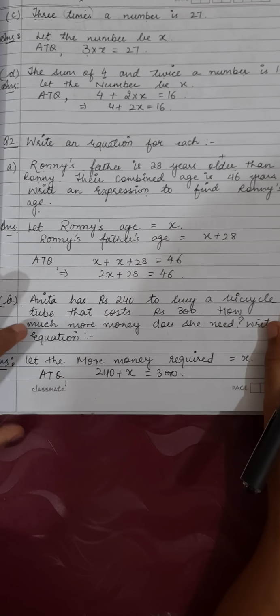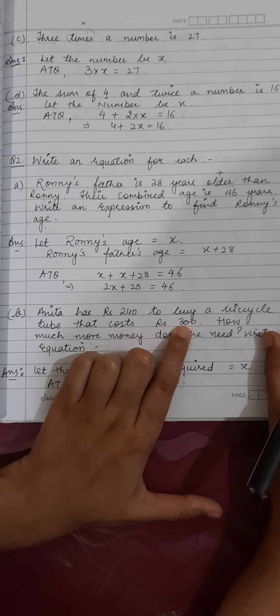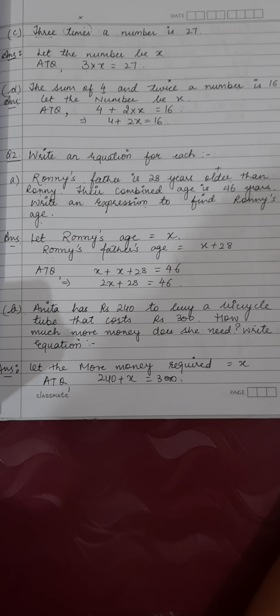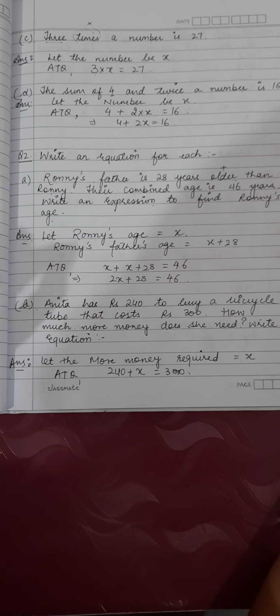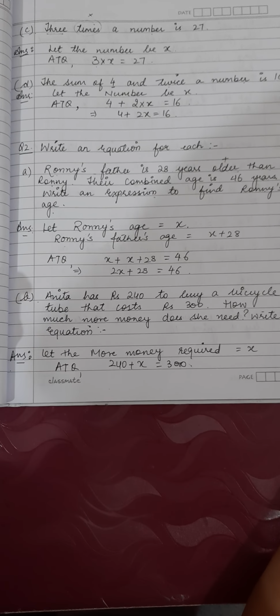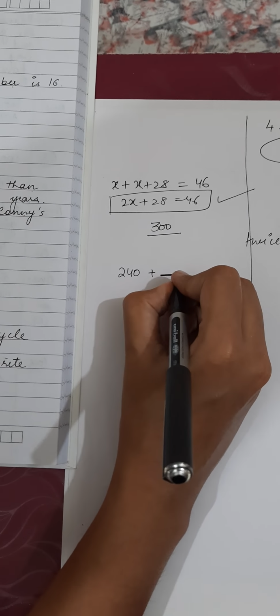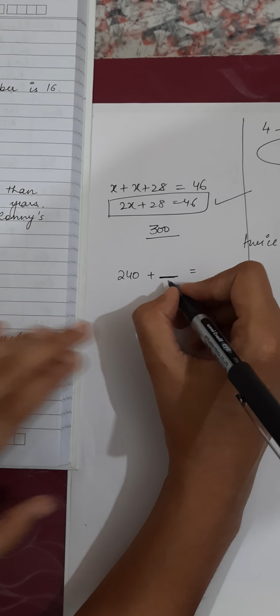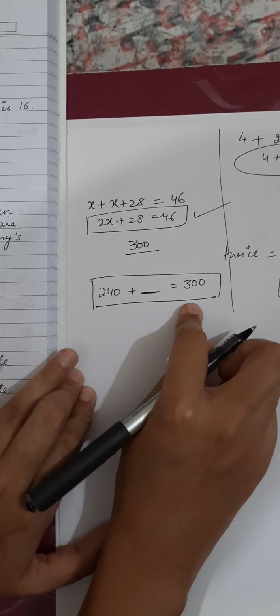Next, B part. Anita has 240 rupees to buy a bicycle tube that costs 300 rupees. Now there is a bicycle, and in the bicycle tires we always put a tube. The cost of that tube is 300 rupees. She has 240 rupees. So how much more does she need so that she can get a total of 300 rupees and then buy that?